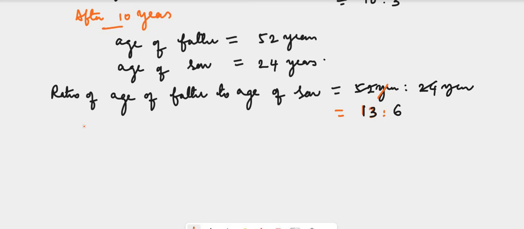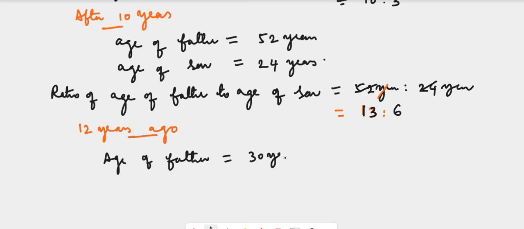12 years ago, age of father, present age is 42. 12 years ago means 42 minus 12, that is equal to 30 years. Age of son, present age is 14 years. 12 years ago means 14 minus 12 equal to 2 years.